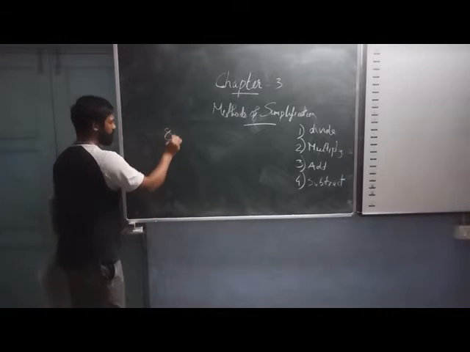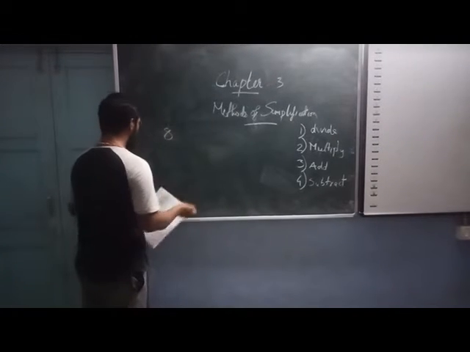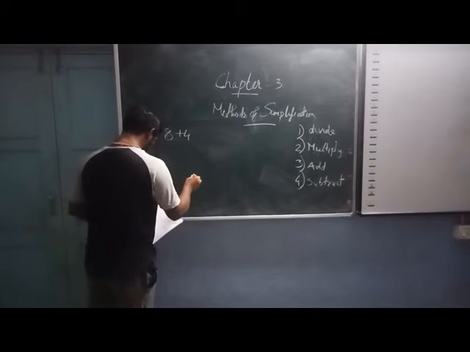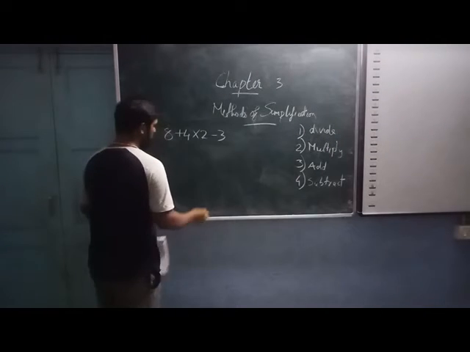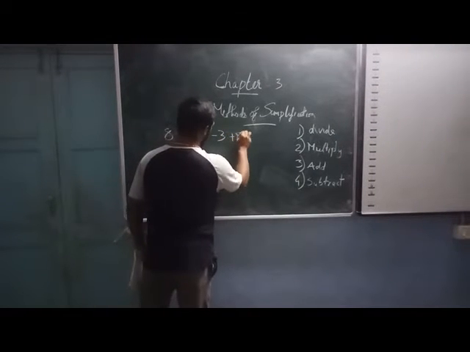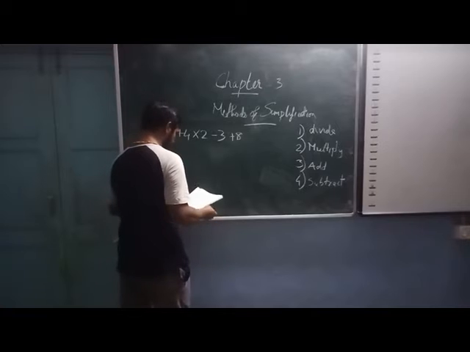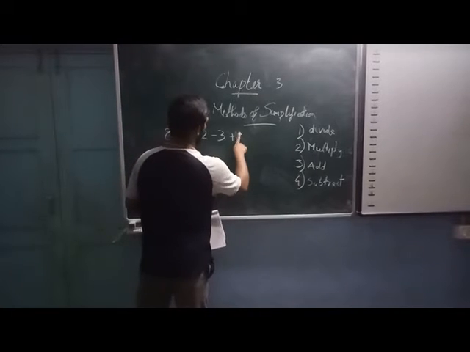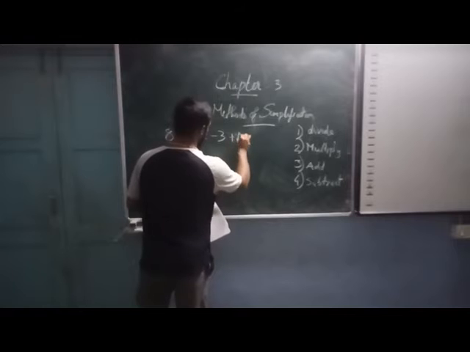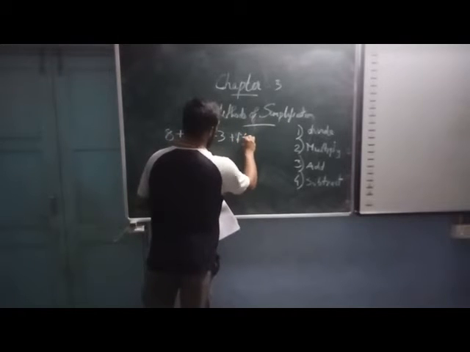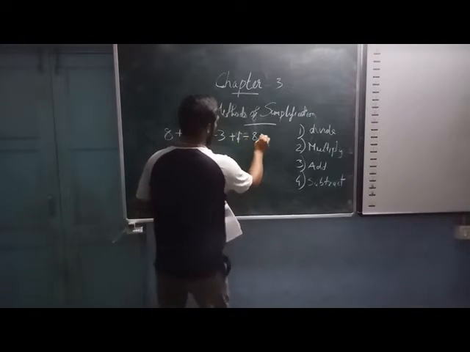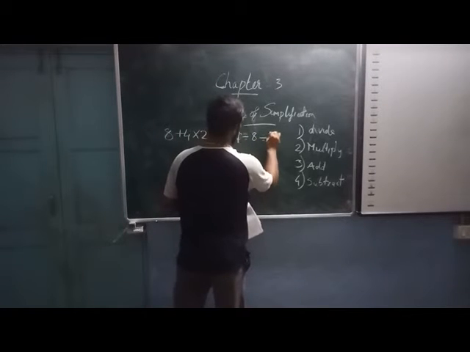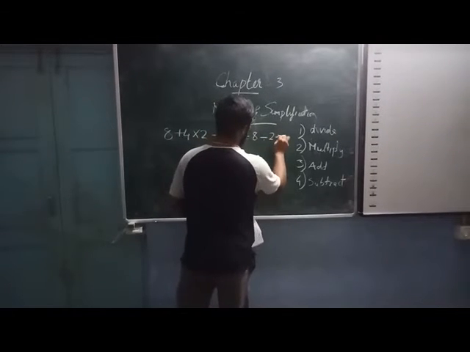It is given that 8 plus 4 into 2 minus 3 plus 1 minus 8 divided by 2 minus 2.